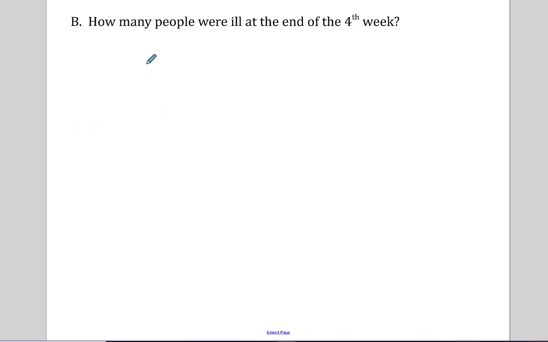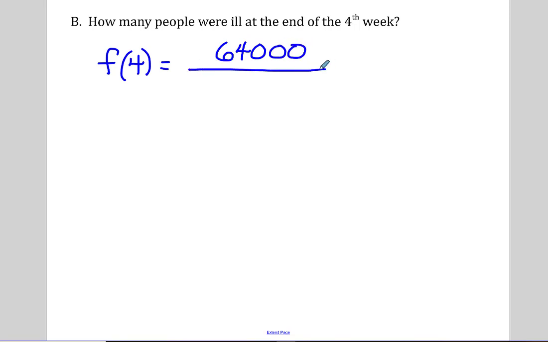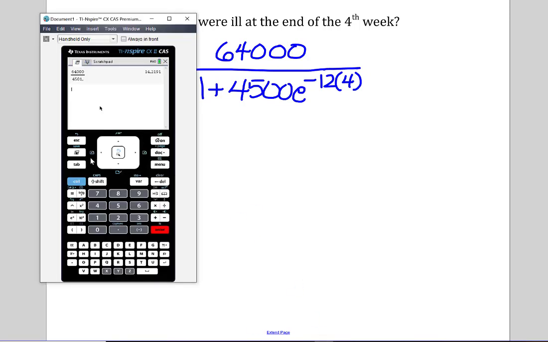How many people were ill at the end of the 4th week? Well, that would require substituting 4 into the formula, 64,000 over 1 plus 4,500 e to the negative 12 times 4. So that's going to be e to the negative 48 power. So we can calculate that here.